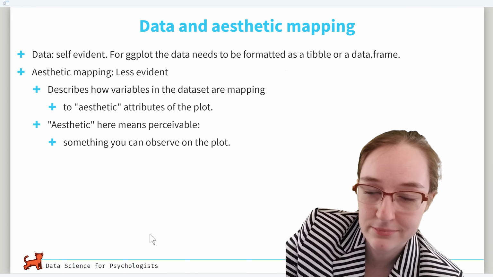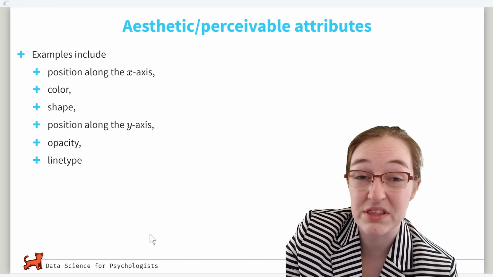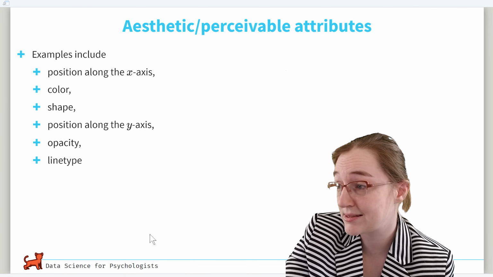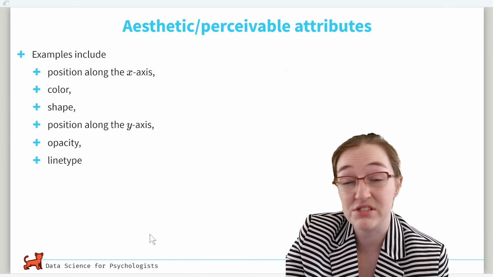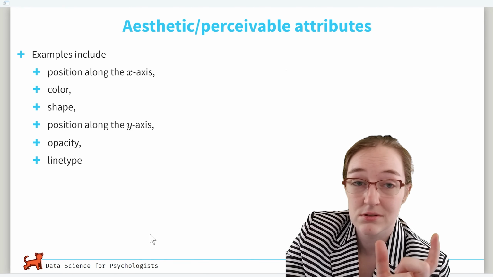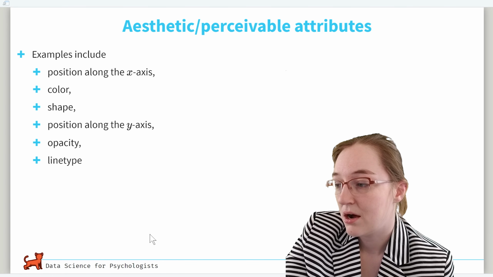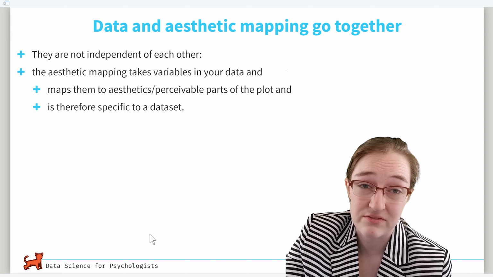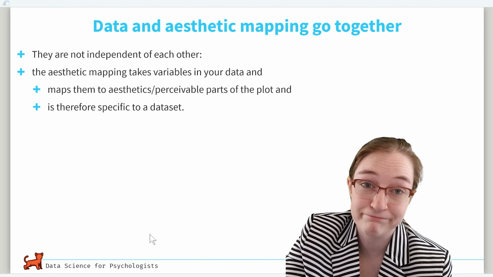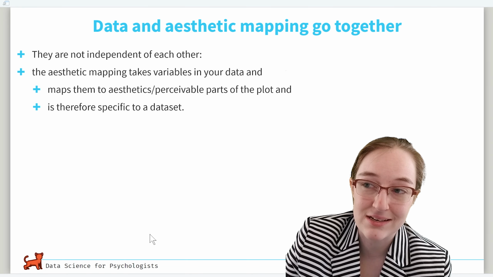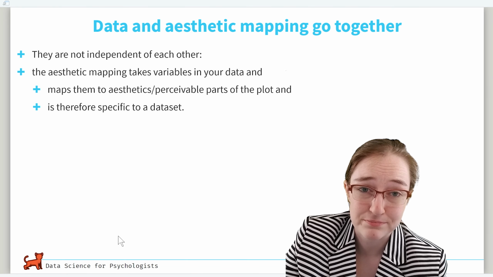There are tons of these attributes, including the position along the y-axis, color, shape, position along the x-axis, opacity, which is like how see-through it is, and line type. And those are just some. I kind of got tired of typing them. But now data and aesthetic mapping go together.